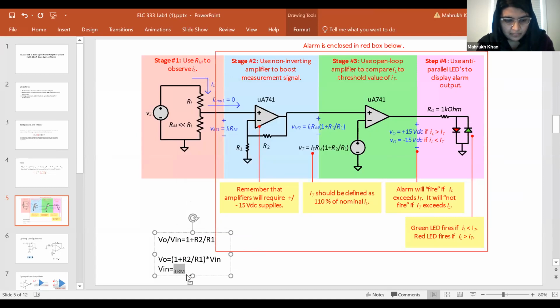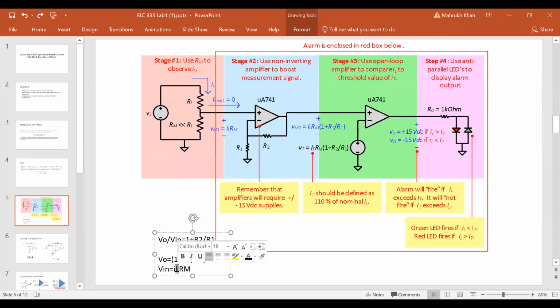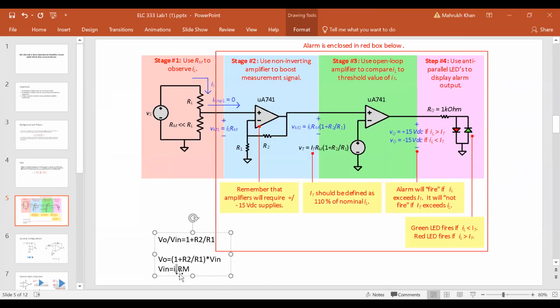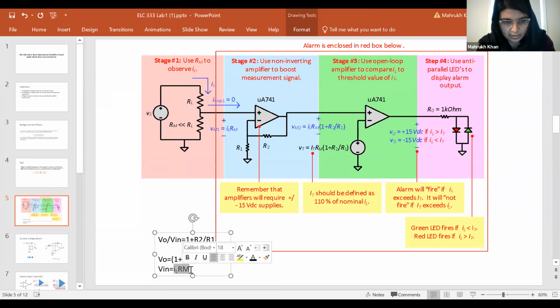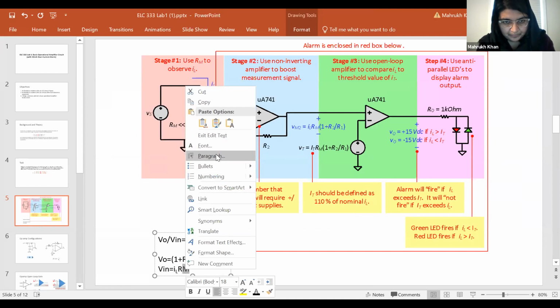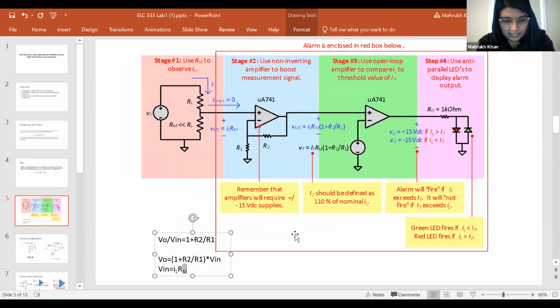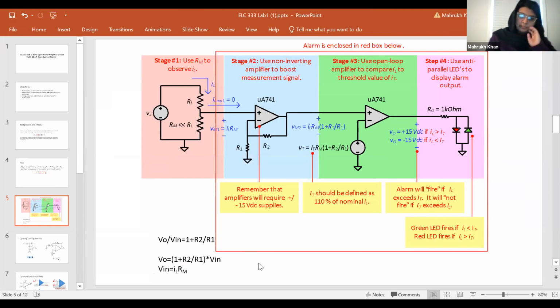Or not? So here, for the non-inverting case, it is this thing, right? Are we clear about this?